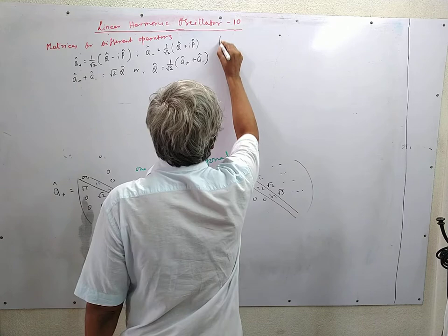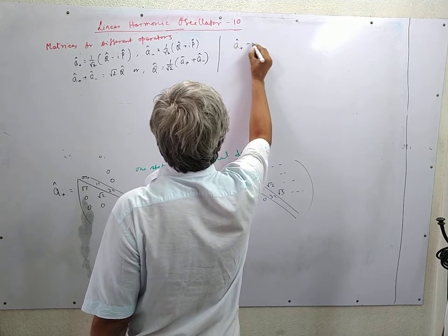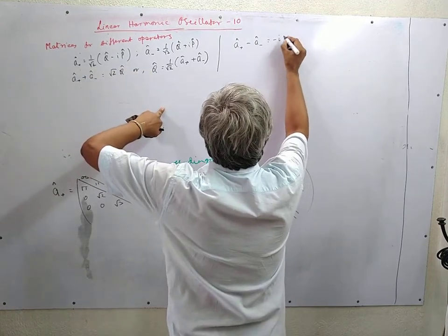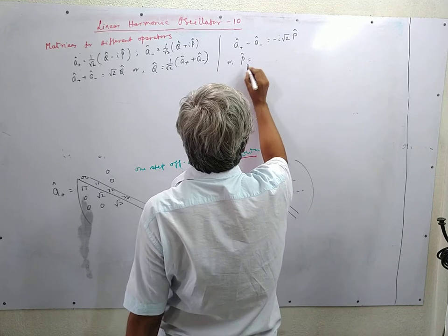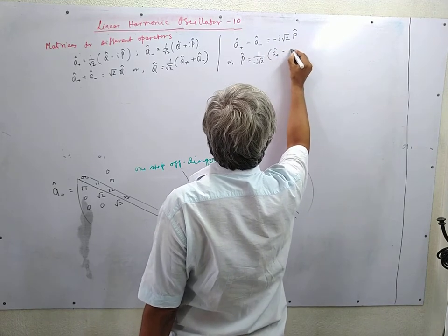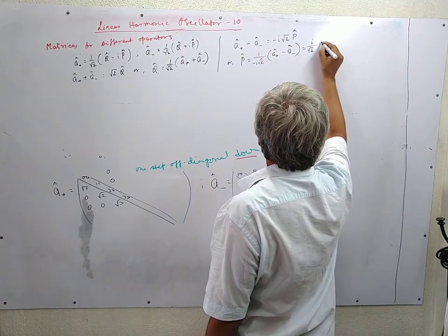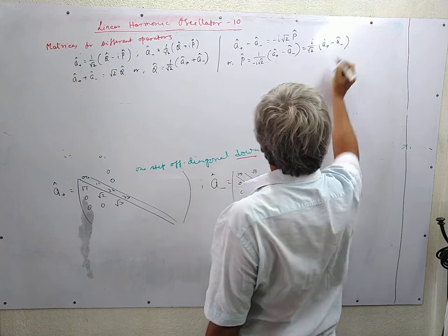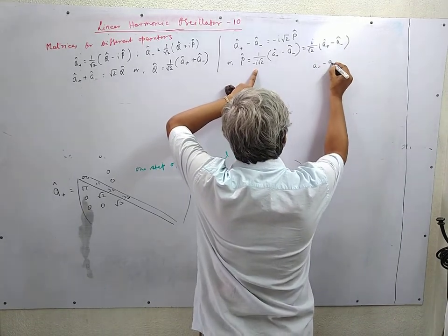And similarly, if we subtract, A plus minus A minus, we will have minus I root 2 P, or the P operator is equal to, when we take I in the numerator, in an earlier class we missed this I factor, so this factor actually came as A minus A plus.